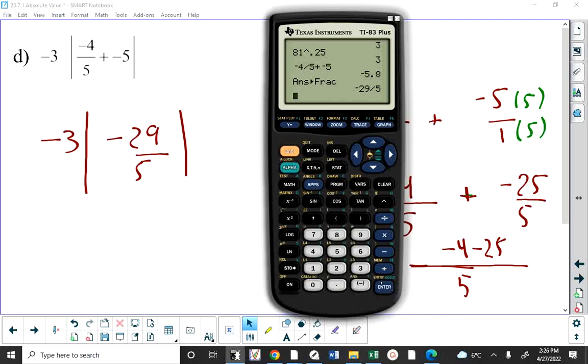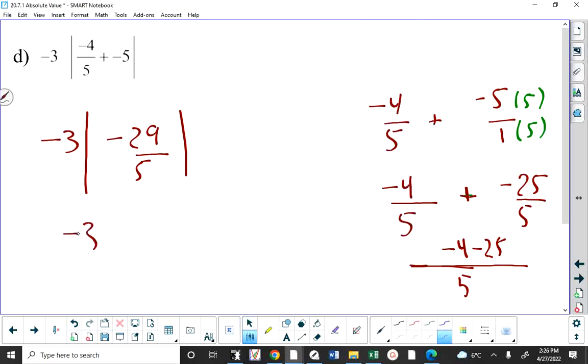But again, in the next unit, you're not going to be able to do that because they're going to be algebraic expressions, algebraic fractions. This becomes -3 times 29 over 5. So -3 over 1 times 29 over 5 is -57 over 5. Am I right? 3 times 29 is -57?